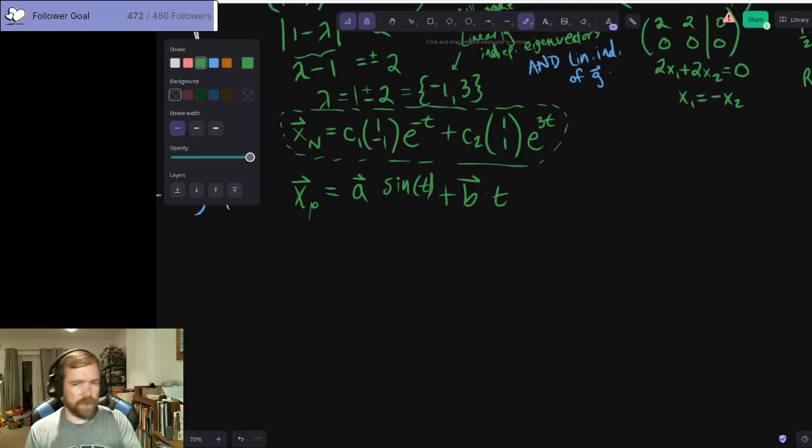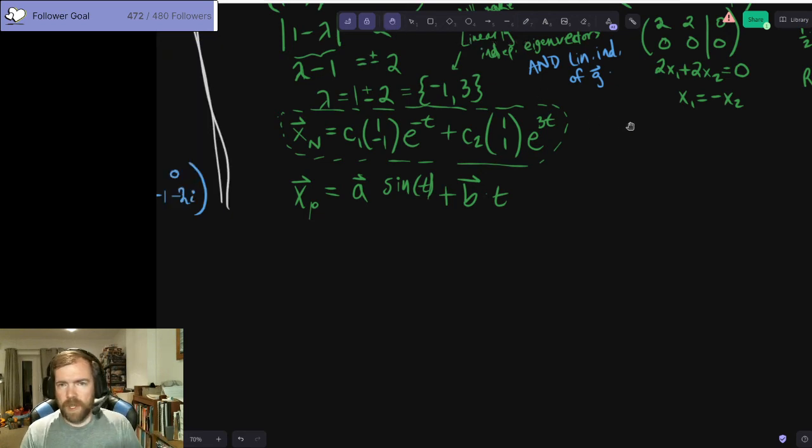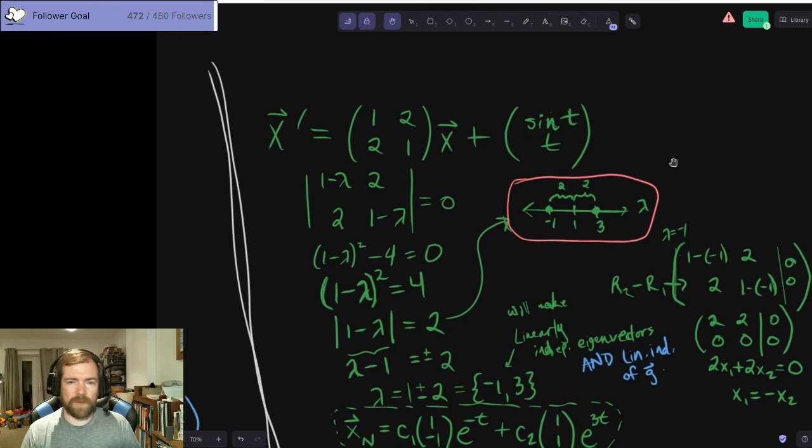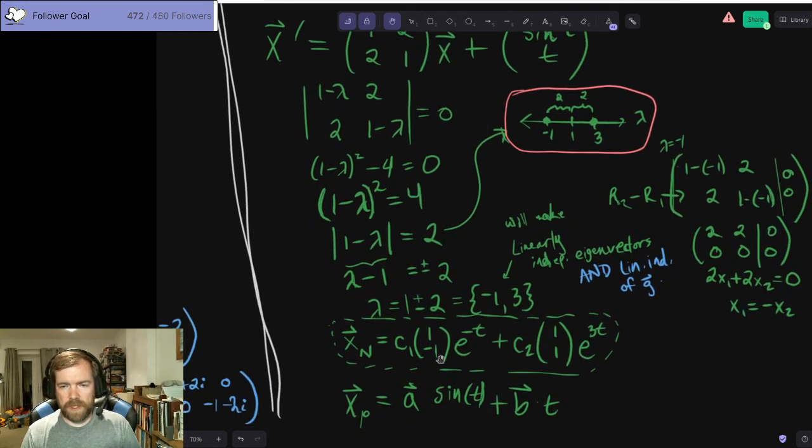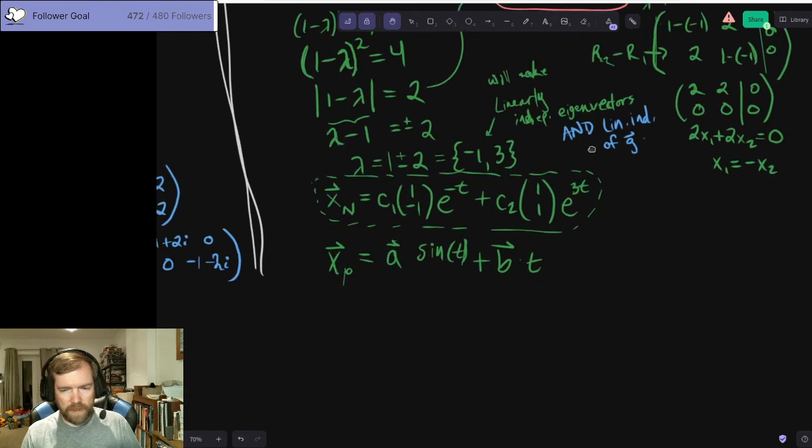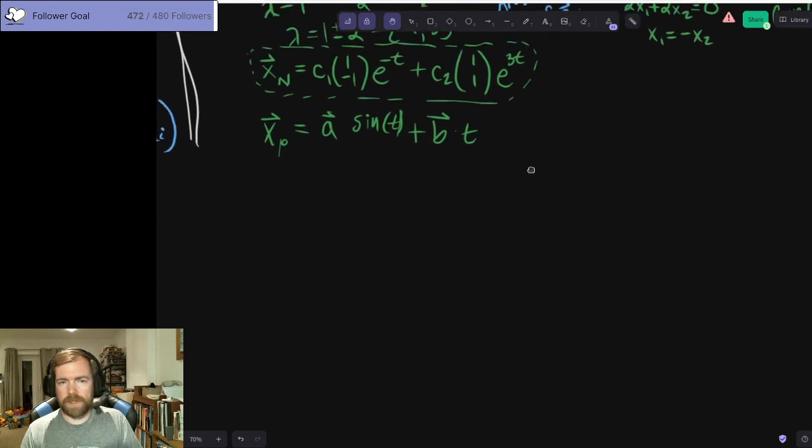So a linear function and a sine function. We did not have anything of either of those types in our non-homogeneous solution, being e to the negative t and e to the 3t. So having sine of t and t is perfectly acceptable.